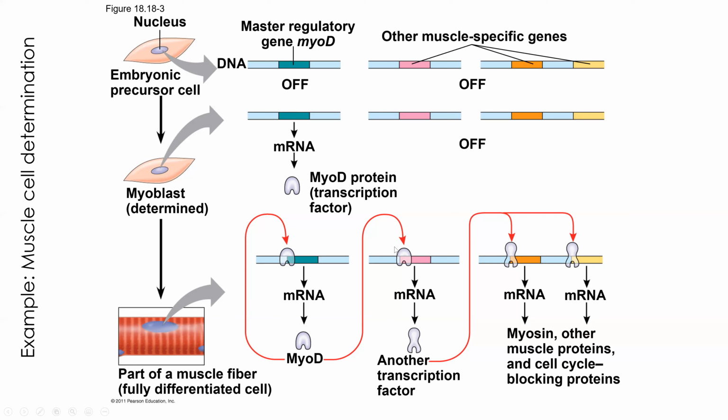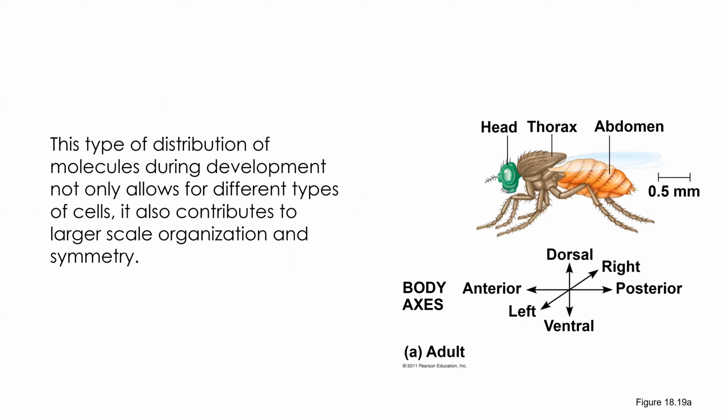So the decision really gets made further upstream to be a muscle cell, and then we just start actually doing it down here once we get the pieces. So molecularly, that's a really interesting example of how we can determine the fate of these embryonic precursor cells. We can also, again, think about how regulation of gene expression contributes to symmetry.